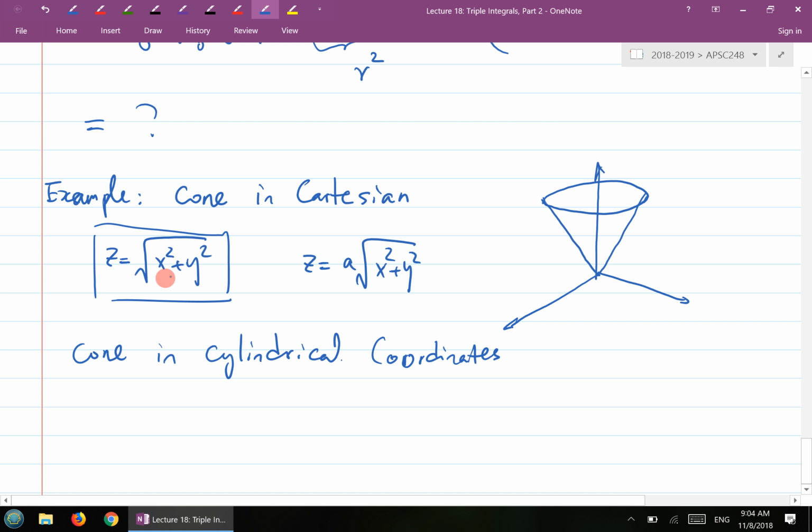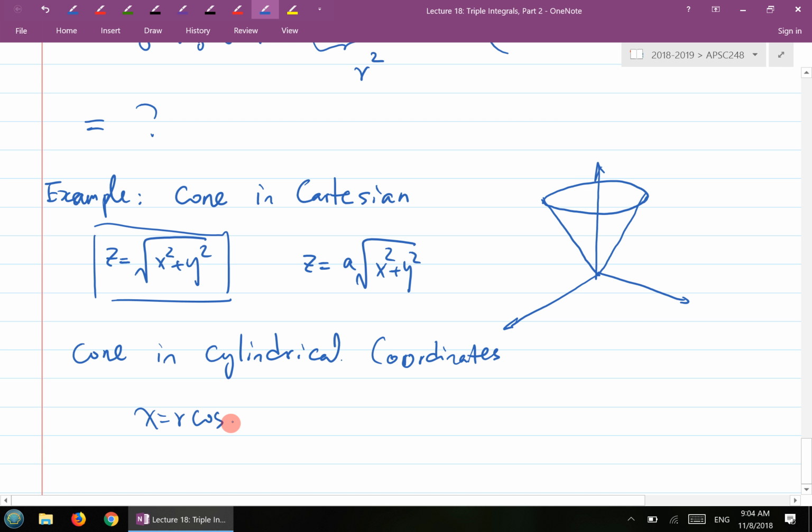We replace x and y with r cosine theta and r sine theta respectively. Your z will become what? R, right? Z becomes r. So when you see z equal to r, that's a cone. Much simpler actually than the Cartesian equation.